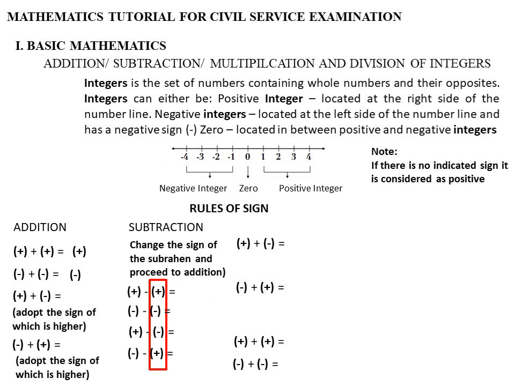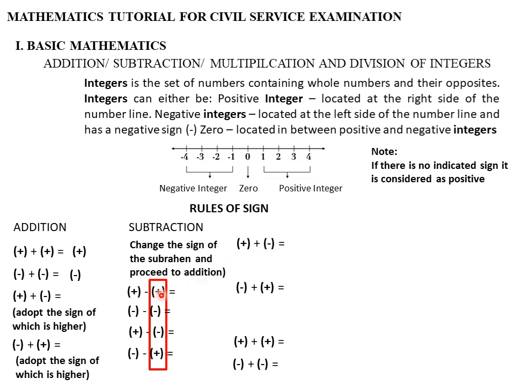Okay, so let's just copy positive minus positive. Let's change the sign of this positive and convert it to negative and proceed to addition. That is the meaning of this hint: change the sign of the subtrahend and proceed to addition.